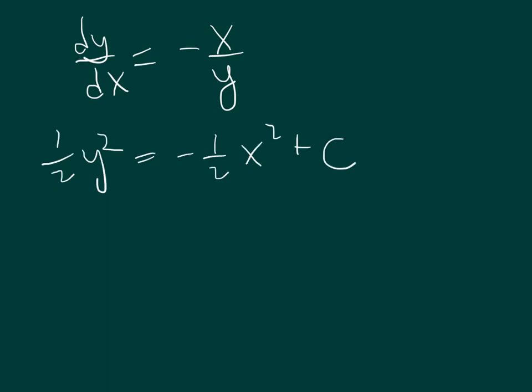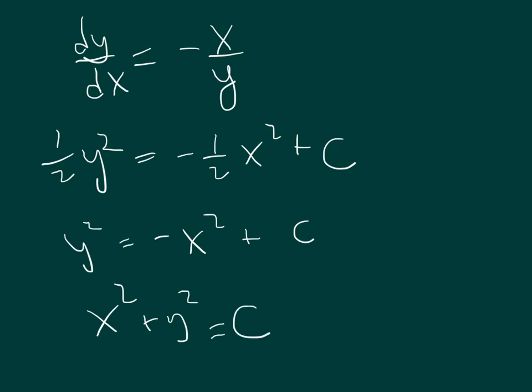This equation might be looking familiar at this point, but to make it look more familiar, I can multiply both sides by 2 to clear those fractions, and I'll get y squared equals negative x squared plus 2c. But 2c is a constant, so I'll just write that as c. If I move that x squared over, I get x squared plus y squared is equal to c, which is an equation you should recognize, because that's a circle with radius root c.